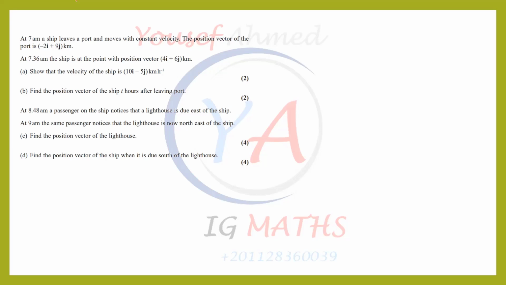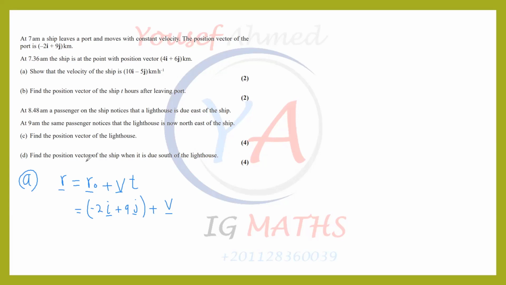So now what you will do is, for part A, we have here the final position vector is equal to the initial position vector added to velocity by time. And you need to work on this part. The initial position vector is negative 2i added to 9j, this one here, added to the velocity, which we don't know, multiplied by the time.